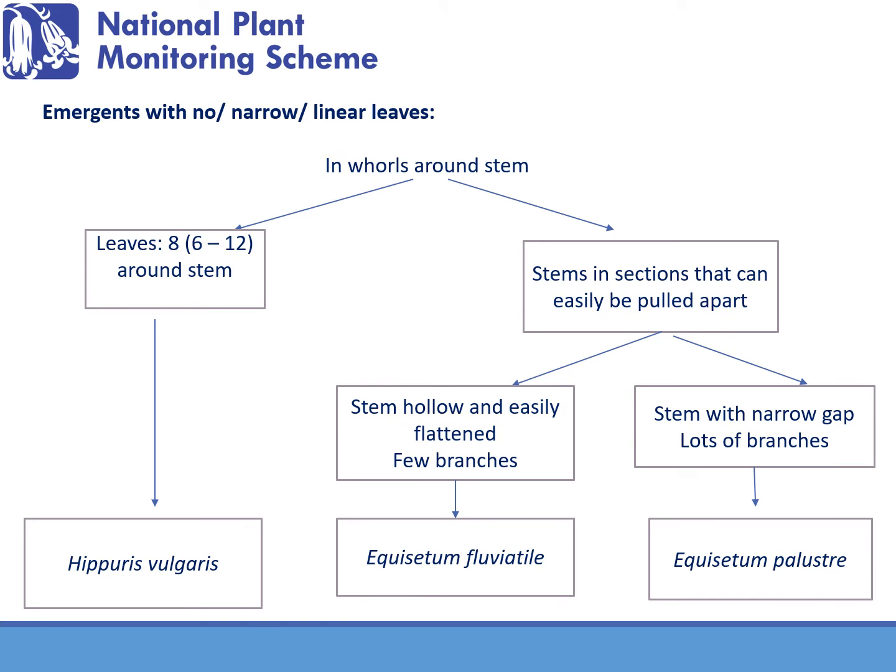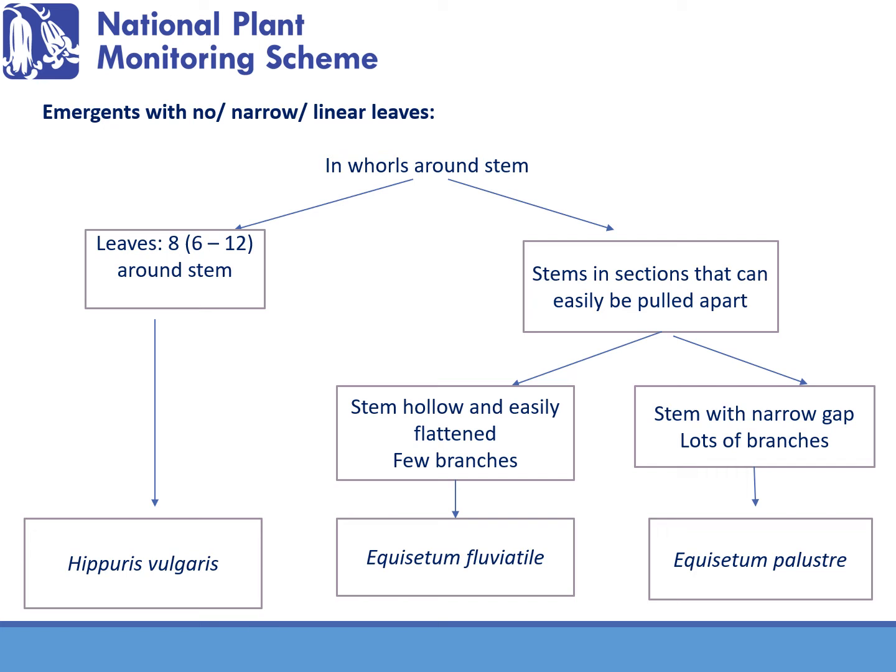So thinking about those emergents where their leaves are arranged in whorls around the stem. If the leaves are in whorls of 8 or something between 6 and 12 around the stem, we're looking at mare's tail, which we've already talked about when we talked about the submerged plants in relation to water milfoil.